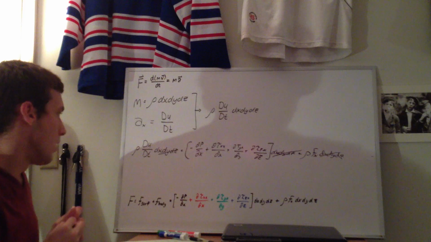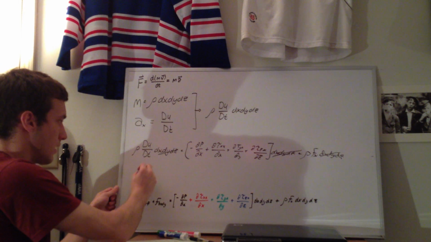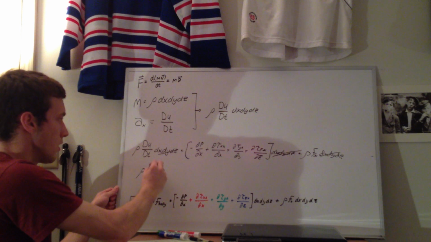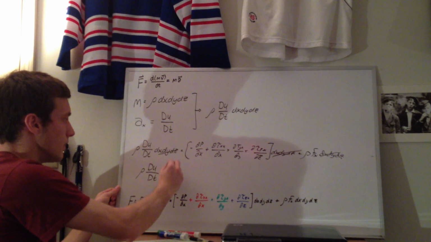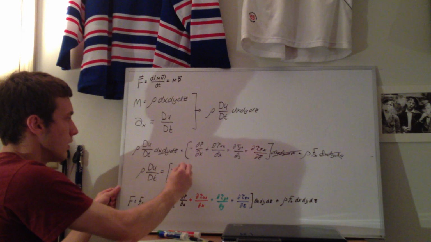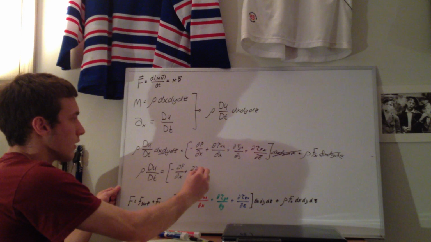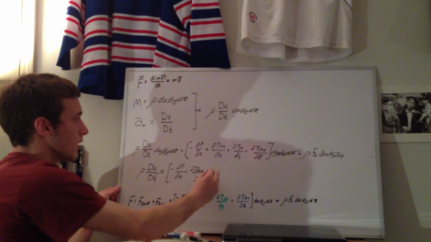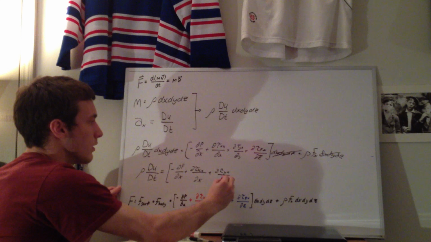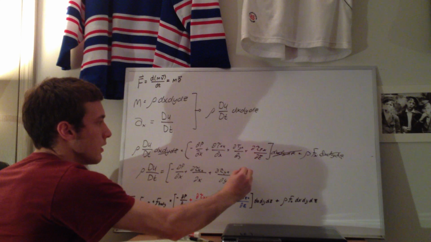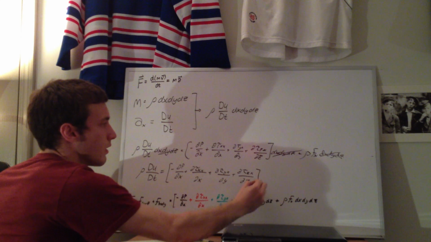And then what we end up with as our final equation for the x momentum is rho du dt is equal to negative dp dx plus d tau xx dx plus d tau yx dy plus d tau zx dz plus the body force.